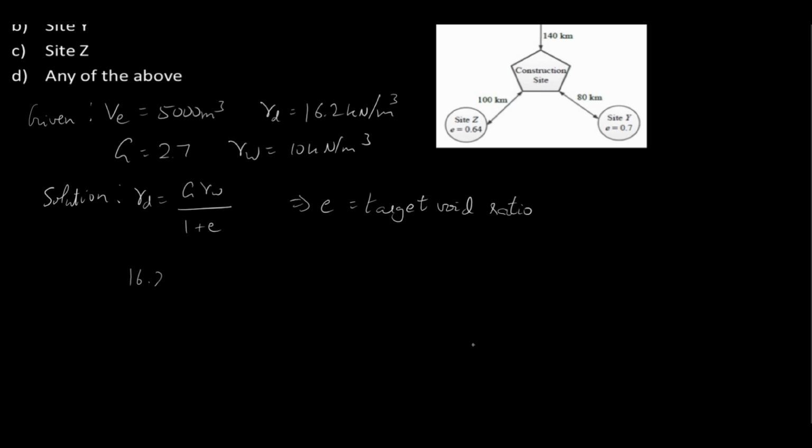So gamma D, which is 16.2, is equal to 2.7 into 10 divided by 1 plus E. From this we will be getting E. We will calculate what is E. 27 divided by 16.2 minus 1.